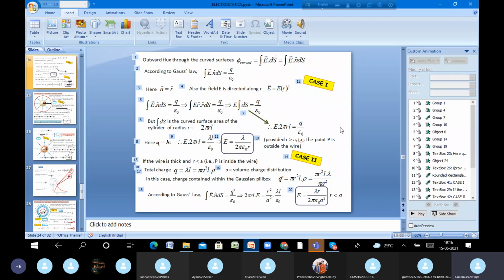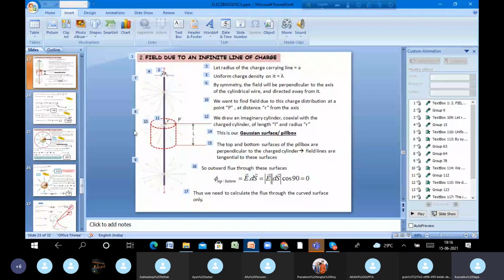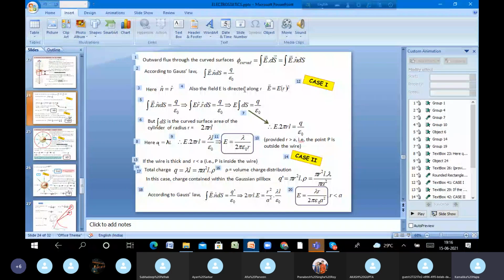In case 1, n cap is r cap because the normal to the curved surface is along the radius and the field is also along the radius. So E dot n cap ds is just E ds. So we have to find E integration ds equal to q by epsilon naught.